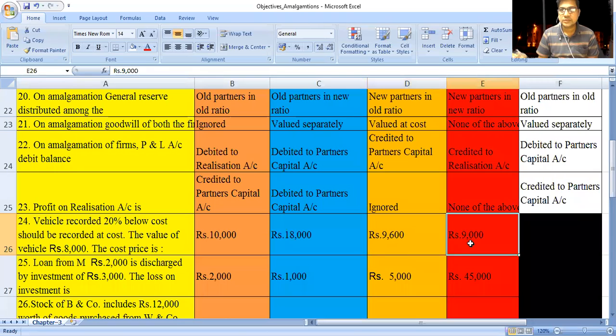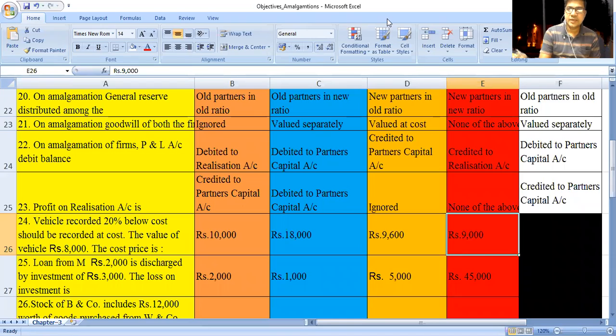Can you give the answers? If you know, you can put it in the chat box. The value of the vehicle is 8,000, so what will be the cost price?